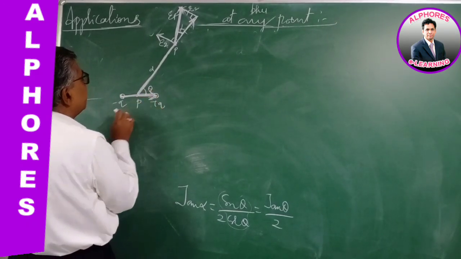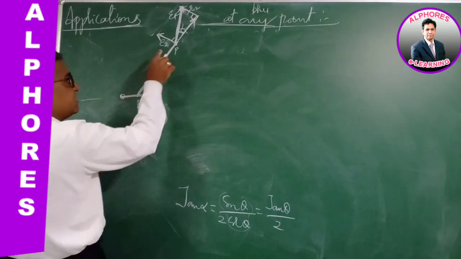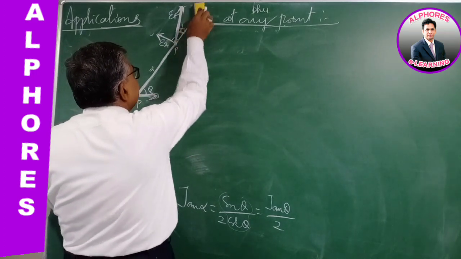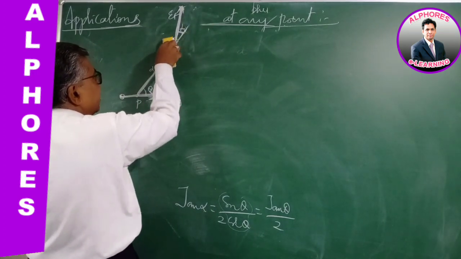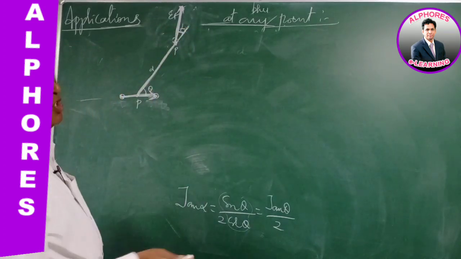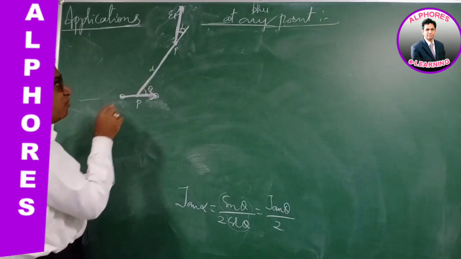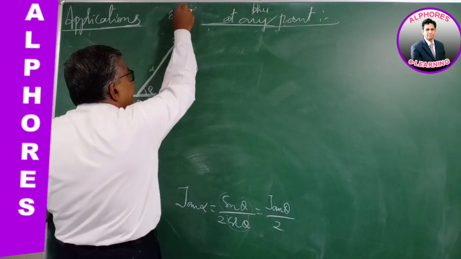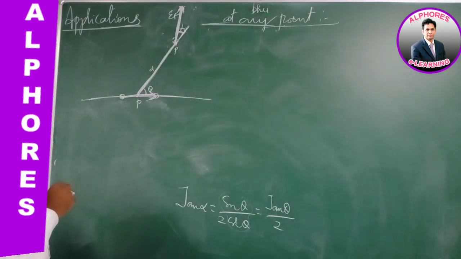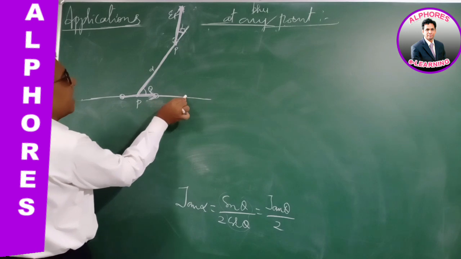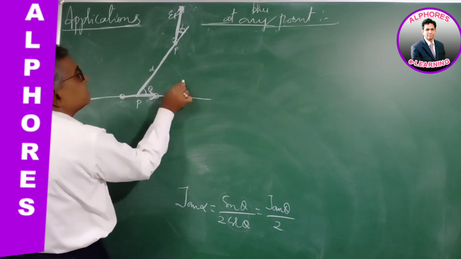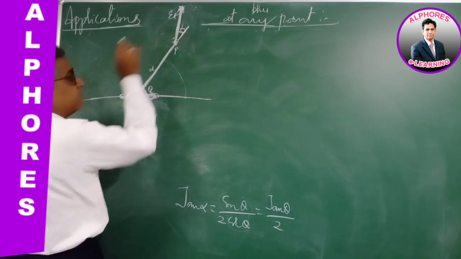Now let us forget the components even. The resultant electric field intensity makes an angle alpha with the radius vector. So what is the direction of the resultant electric field intensity with the axial line of the dipole? The angle with the axial line is theta, and from there it is alpha.